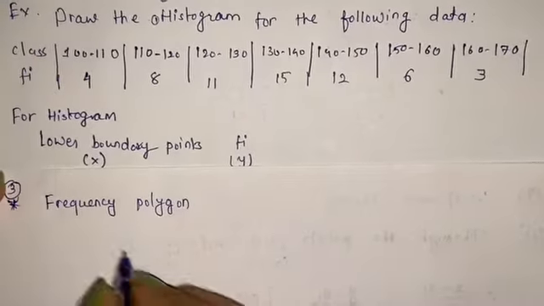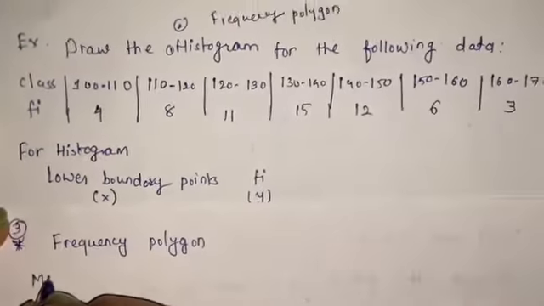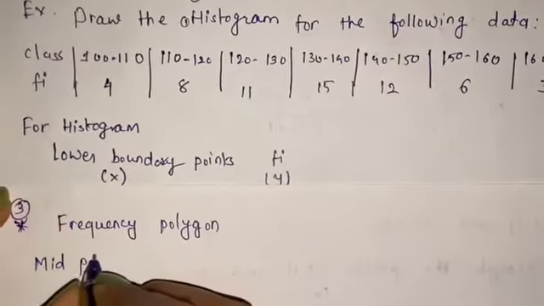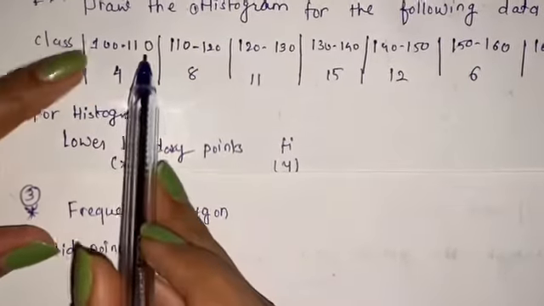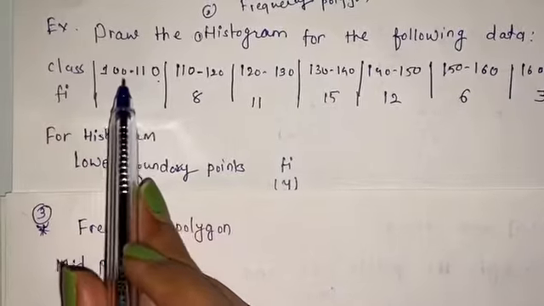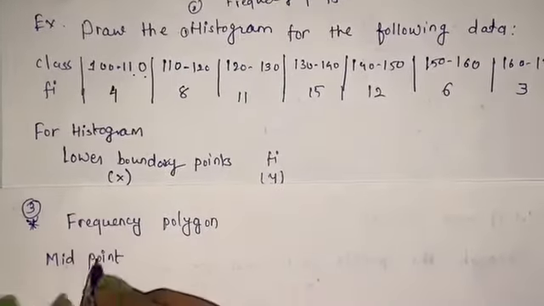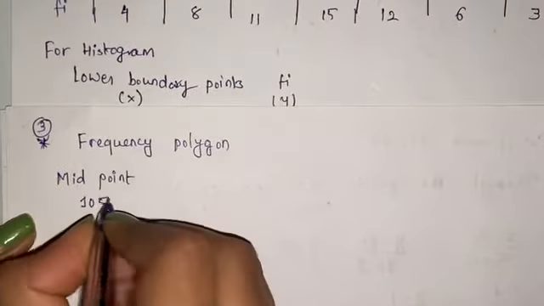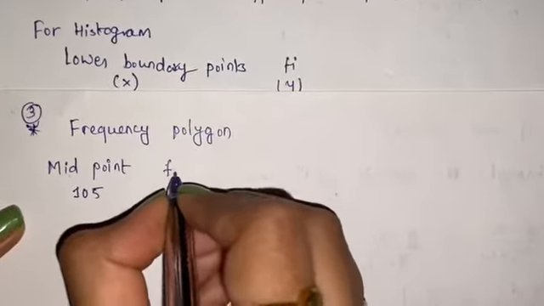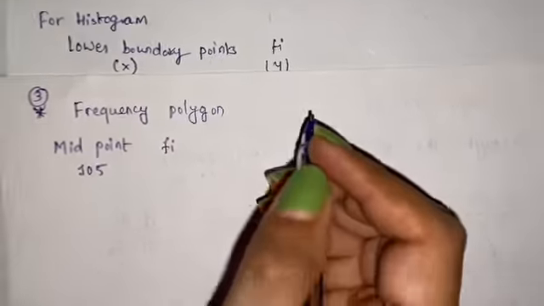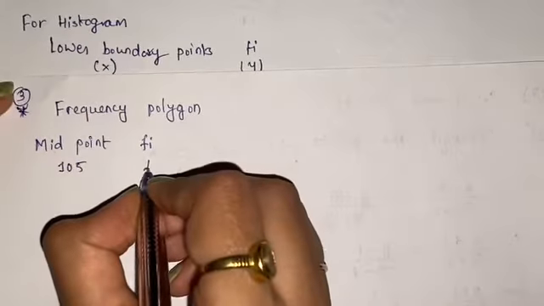Now for that you require midpoint. Now midpoint of 100 and 110. So you have to add both of these and divide by 2. So that will be 105, and the frequency will be as it is, 4.